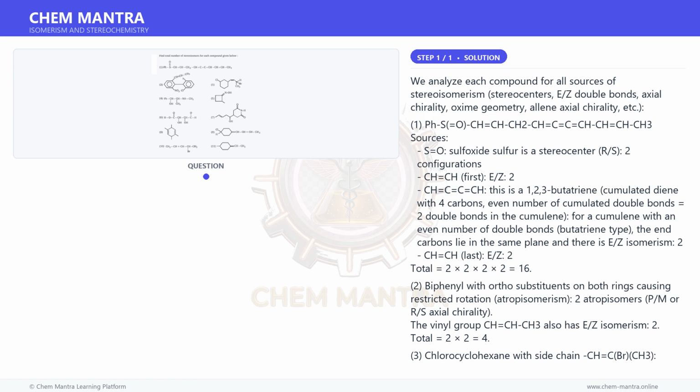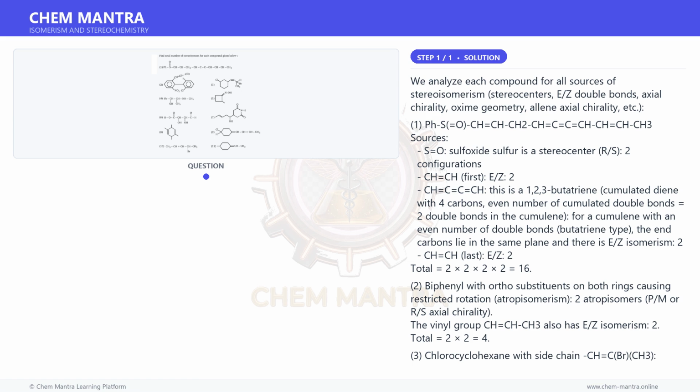The exocyclic double bond =CH-CH3 has E/Z isomerism. But with the cyclohexane ring being symmetric, 1,4-disubstituted with identical substituents on both sides of the ring, there may be only E/Z, 2 isomers. Total is 2.